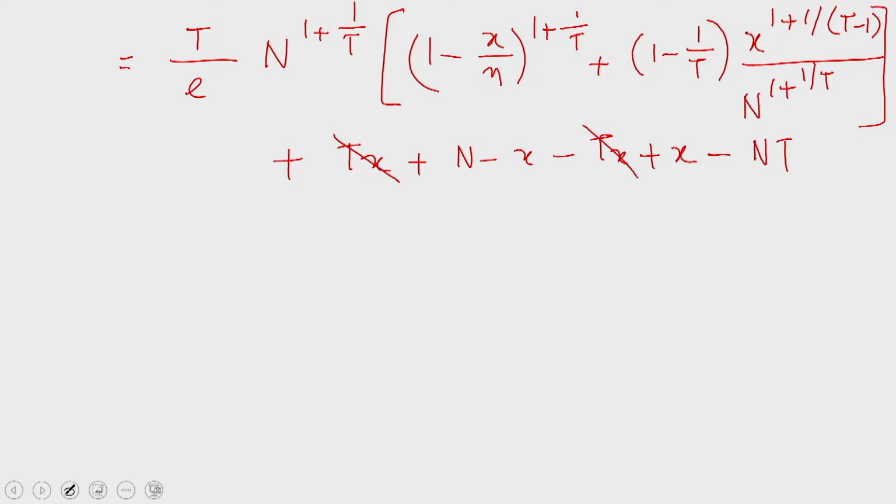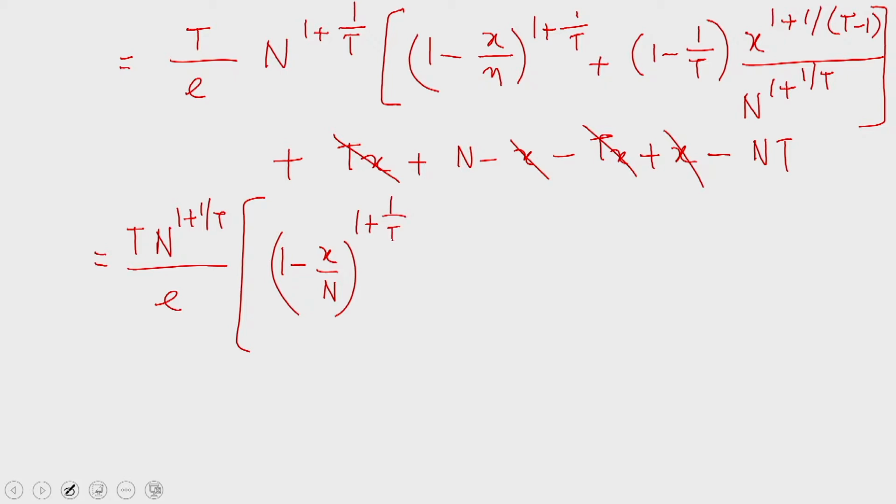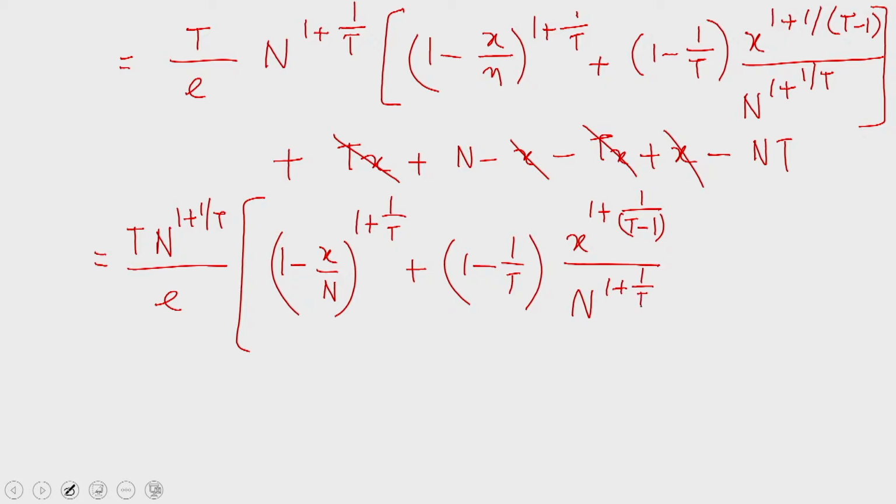But here these cancel out and we are left with n. So, if you take n inside the square bracket, we will have, and of course minus nt.